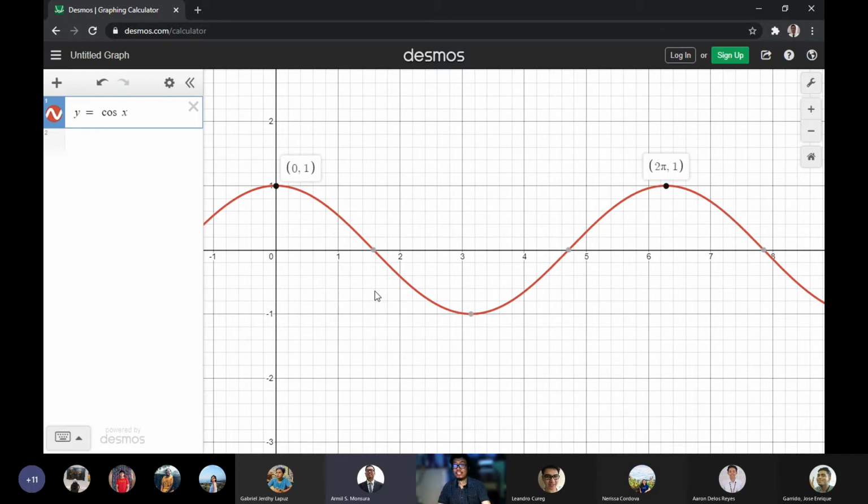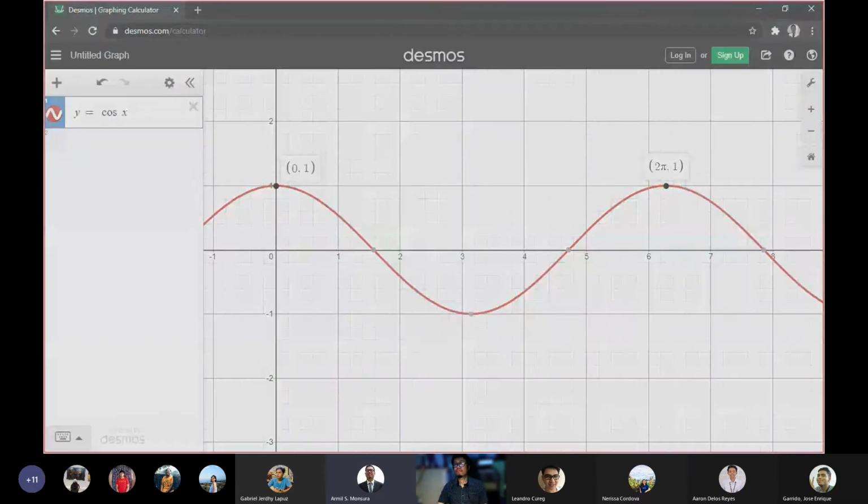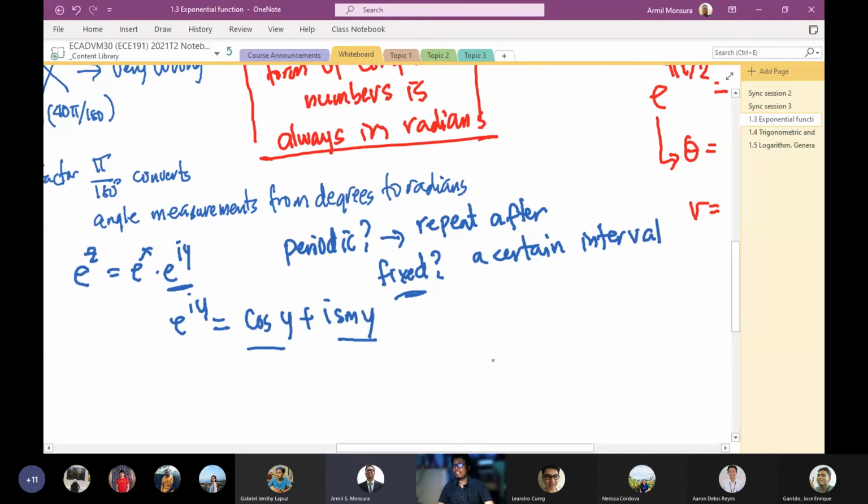I-screenshot ko lang to. Tapos lagay natin siya.